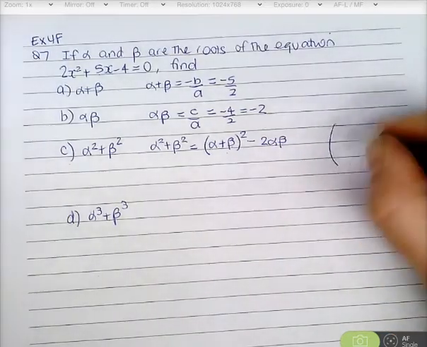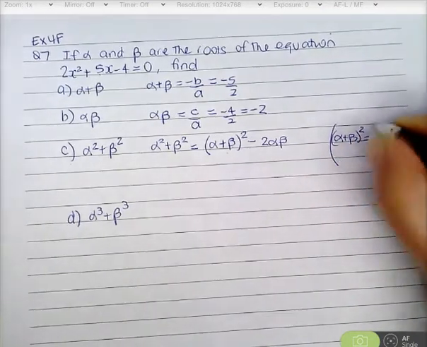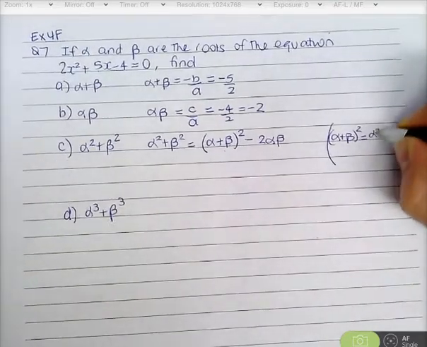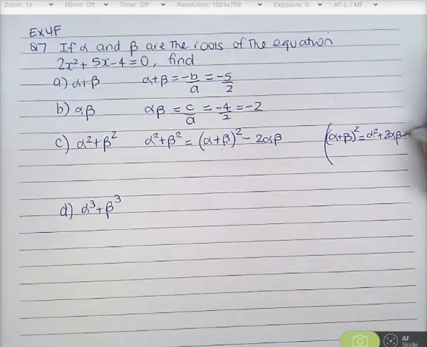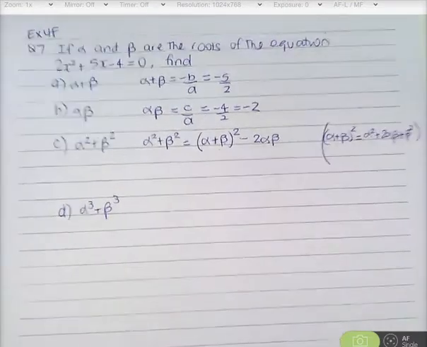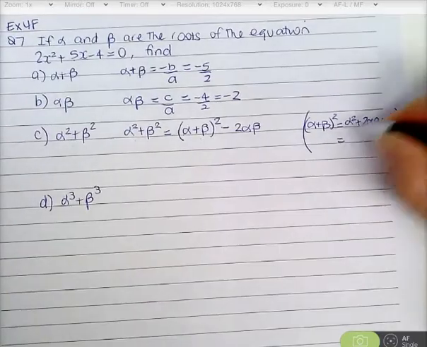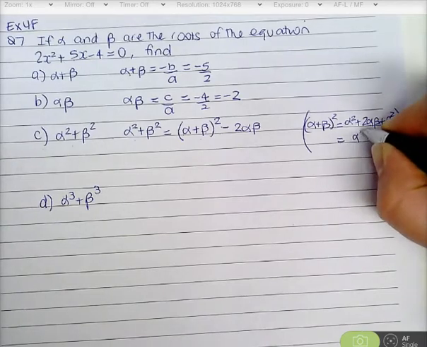Now I can just show that here over the side. If I do (alpha plus beta) squared, I get alpha squared plus 2 alpha beta plus beta squared. But the thing is, I don't want the 2 alpha beta. I just want the alpha squared plus beta squared.